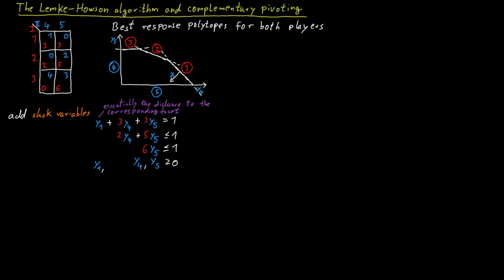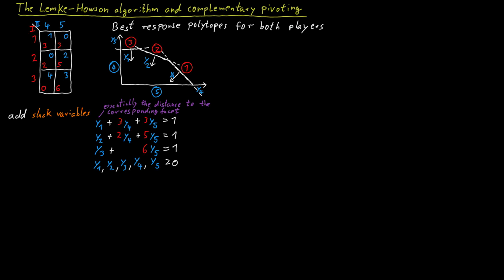And we do the same thing for the second inequality. We introduce a slack variable called y2 and turn the inequality into an equality. And again, y2 just gives us a distance to this dividing line, number 2. And we do the same for y3, of course. And all of these new slack variables, y1, y2, y3, also have to be non-negative.